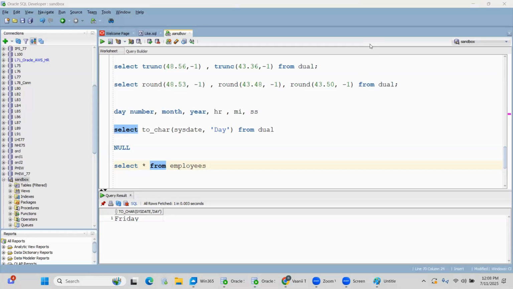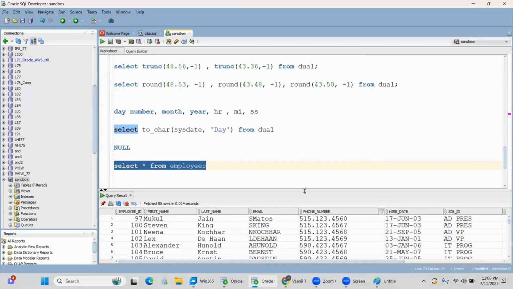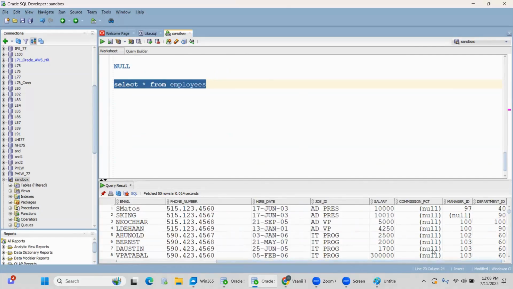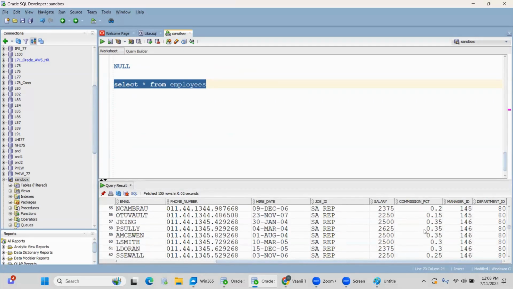Okay, data is not present there, got it. So let's see if we have any column having null values here. There is a column called commission percentage, and you will see a lot of nulls in that. Somewhere you will see a value. Most places it is null.